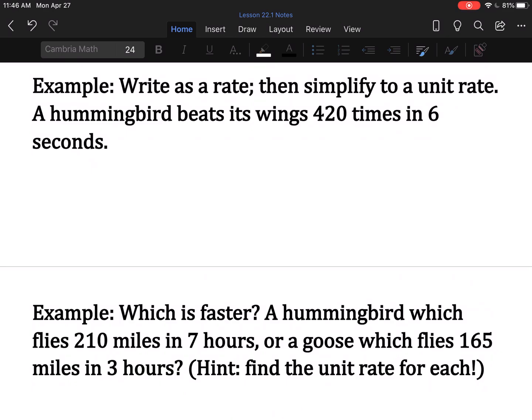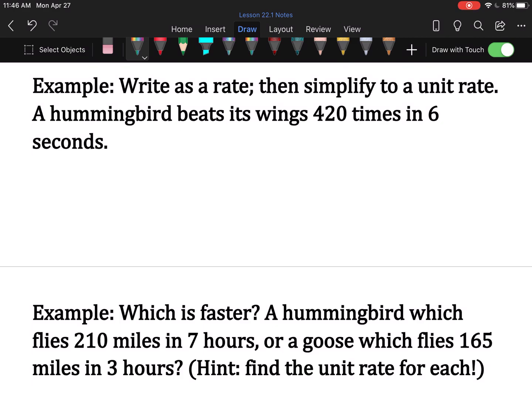Example, write as a rate, then simplify it to a unit rate. A hummingbird beats its wings 420 times in 6 seconds. So it's 420 beats in 6 seconds, and we write that as a fraction. That is a rate. 420 is beats, 6 is seconds. Those are different things. I know it says 420 times, but I don't want to use the word times because what is it doing? It's beating its wings.